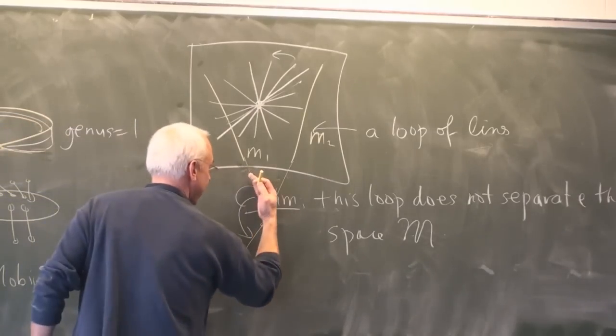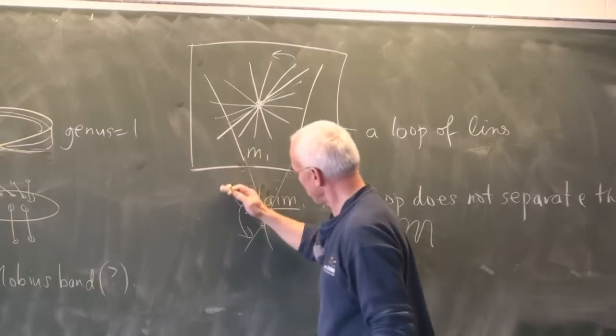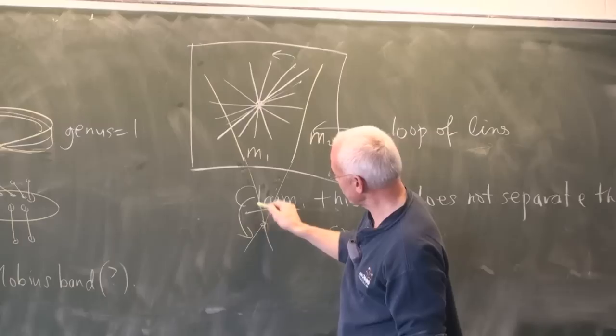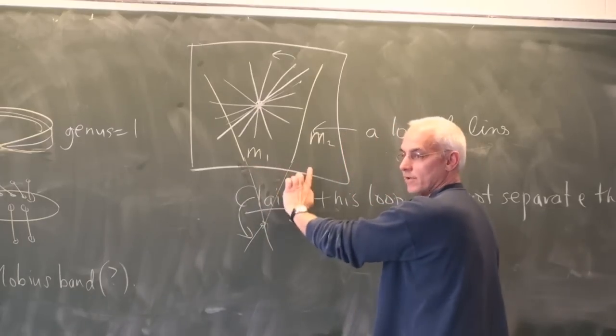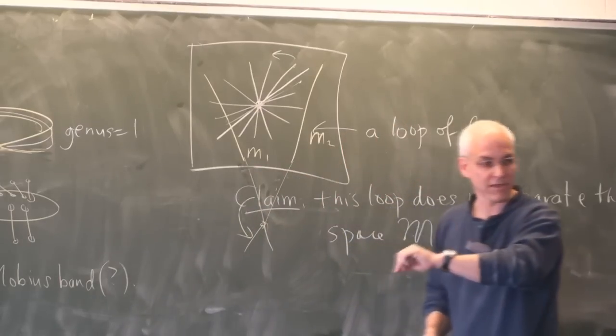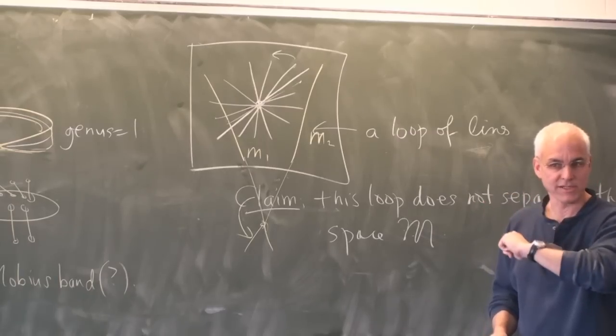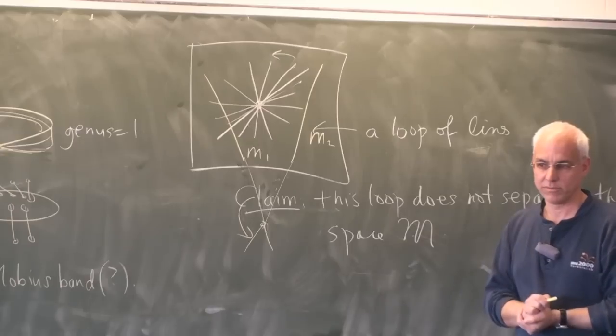So we can take the line and move it continuously like this. This rotation goes from M1 to M2. It's a continuous path of lines that connects arbitrary two points and avoids the loop.